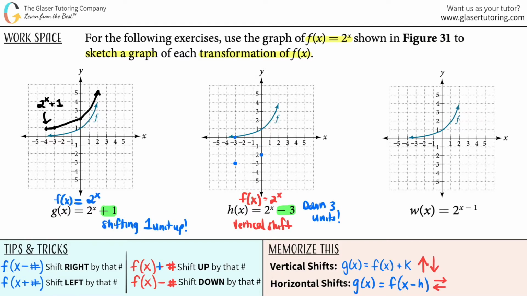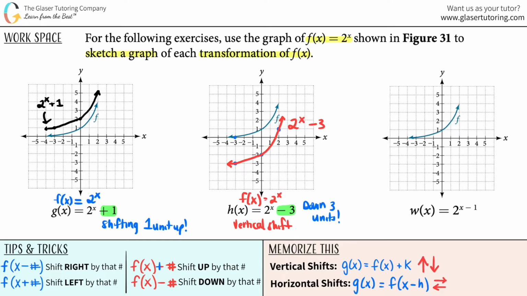I will have to be over here, and then let's see, maybe 1, 2, 3, something like this. And now just connect them. There you go. But do you get the idea that you just have to shift down 3 times? There you go. So this one is 2 to the x minus 3.